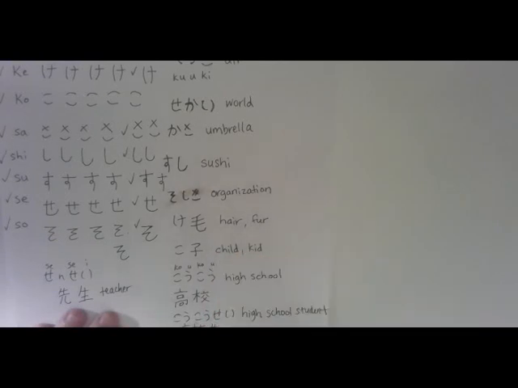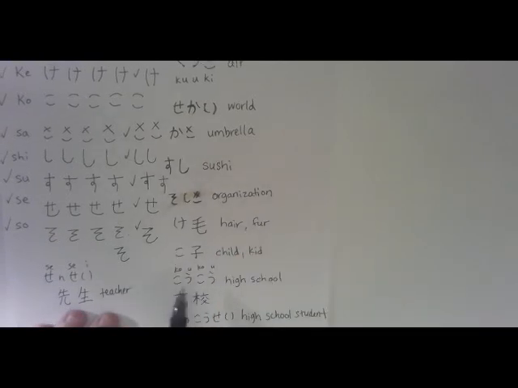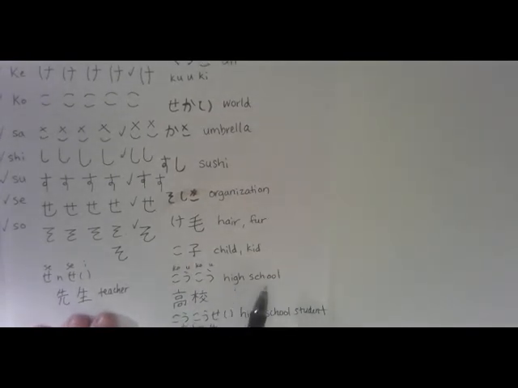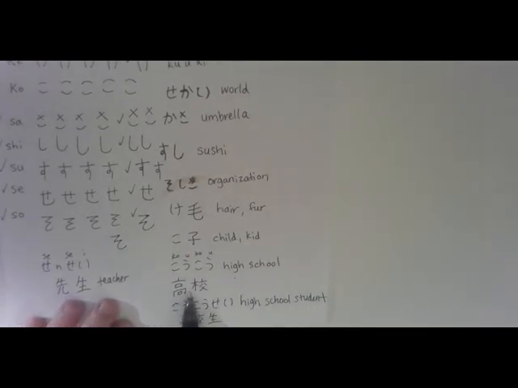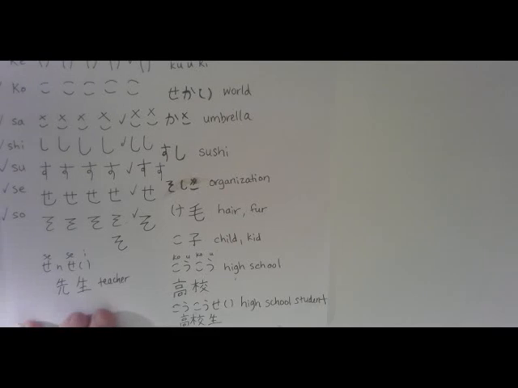Ko, ko. But we don't say ko, u, we say koko. That's high school. And this is the kanji for koko. This ko means high or tall, and this one is school. So high school. That's literally what it means.